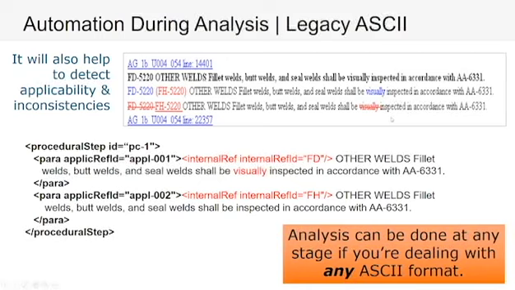Another difference is that in the first paragraph, it tells you to visually inspect in accordance to this standard. And for this model of FH-5200, it doesn't tell you to visually inspect it. So again, it could be a typo, and even if it's not, you can still reuse that paragraph either by adding the word visually or by using applicability.